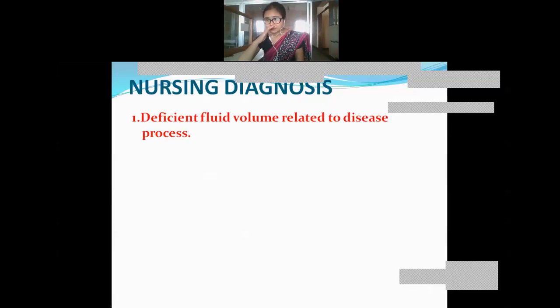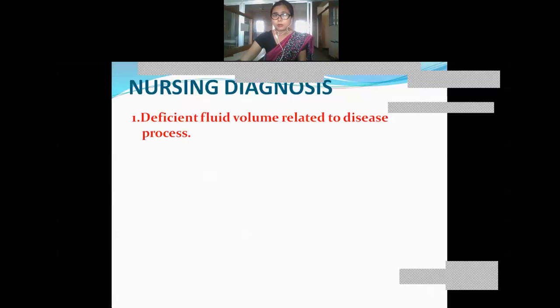Nursing diagnosis. Nursing diagnosis means clinical judgment about the patient or the family or the community, how they respond to the actual or the potential problem. For formulating nursing diagnosis, as you have already learned in your first year BSc, we have to formulate after finding out the data, and we have to prioritize the problem.